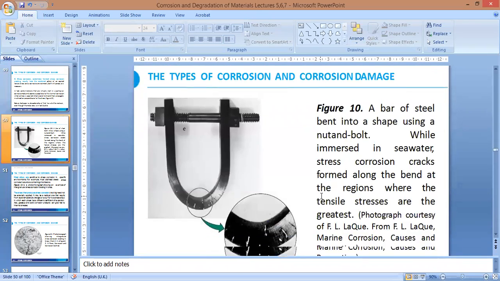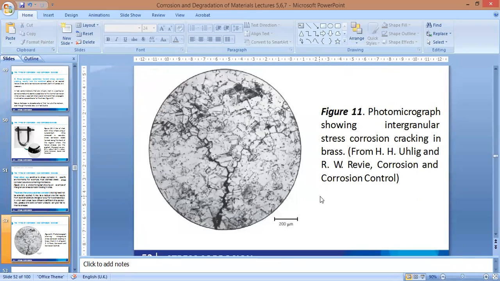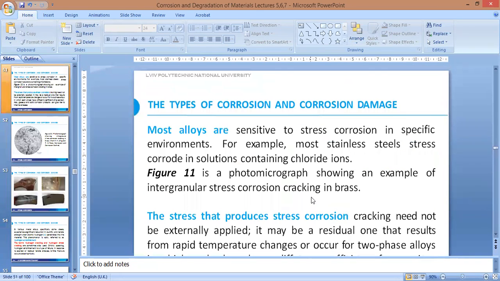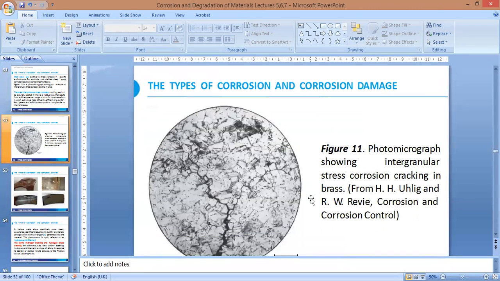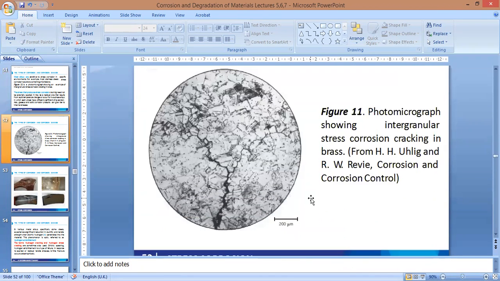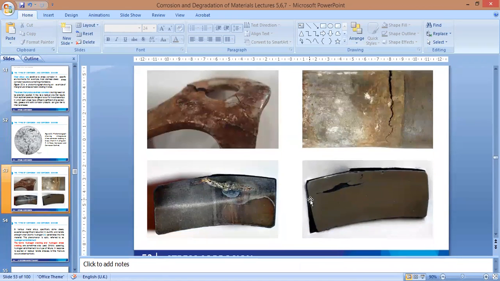So I think for today, this is about it. This is just stress corrosion. I'll send you this slide so that you have a closer look at the different types of corrosion.